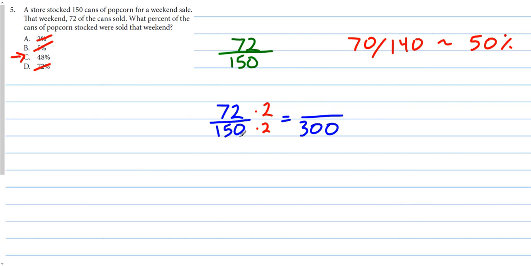And then if I do that to the denominator, I have to do that to the numerator here. 2 times 2, I get 4. 2 times 7, I get 14. And now I want to actually make this out of 100.